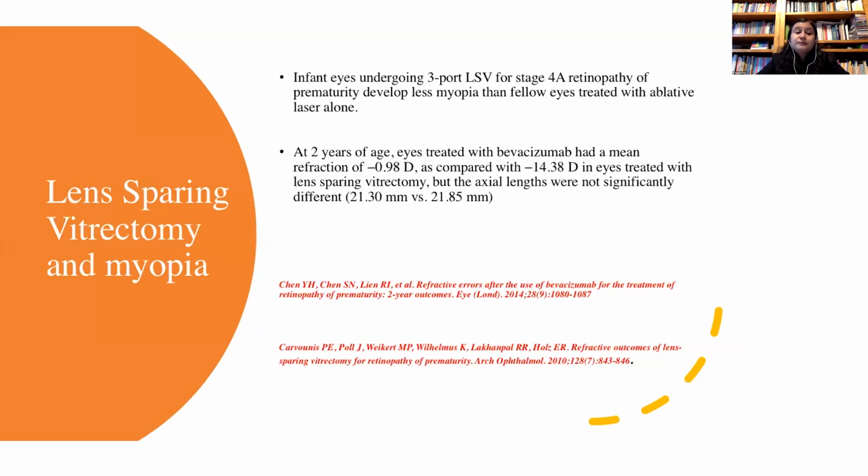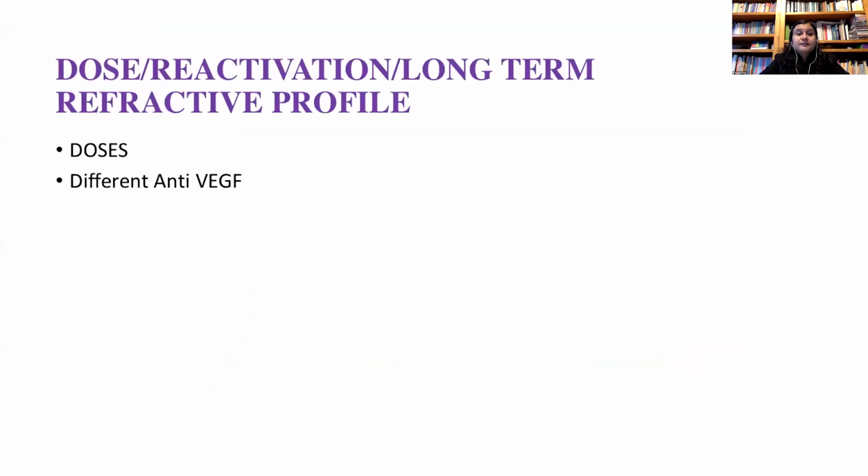So what about patients who undergo surgery? Some studies have shown that patients with 3-port lens-sparing vitrectomy develop less myopia than fellow eyes treated with laser alone, while some studies show that they have high myopia. One study showed that at 2 years of age, eyes treated with Avastin had a mean refraction of minus 0.98 diopter as compared to minus 14.38 diopter in eyes treated with lens-sparing vitrectomy, but axial lengths were not significantly different.